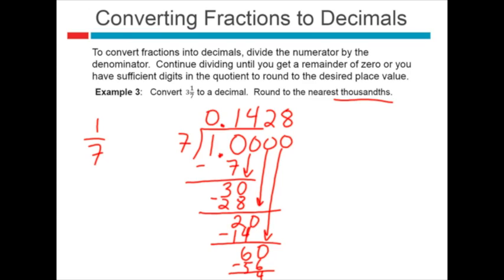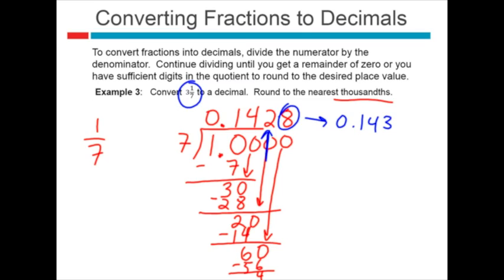So 0.1428 rounded to the nearest thousandths place, because of this 8, will get bumped up to 0.143. But we have to remember something very important about this problem, which is that we weren't converting the fraction 1/7 into a decimal, we were converting 3 1/7 into a decimal.